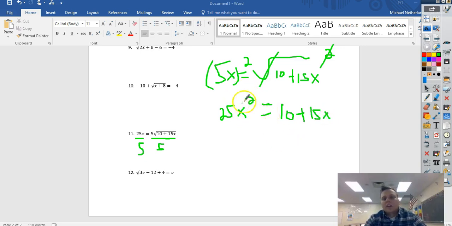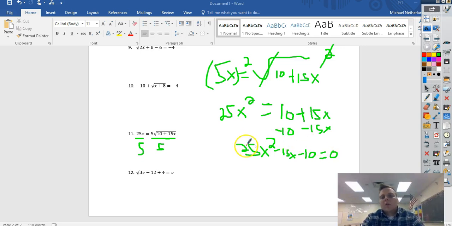I have the square right here, which means I want to make the whole thing equal to 0. And it's best if you keep the quadratic term positive if possible. So what we're going to do is subtract the 15x and the 10 to take them over to the left side, thus making the right side equal to 0. So 25x squared minus 15x minus 10 is equal to 0.